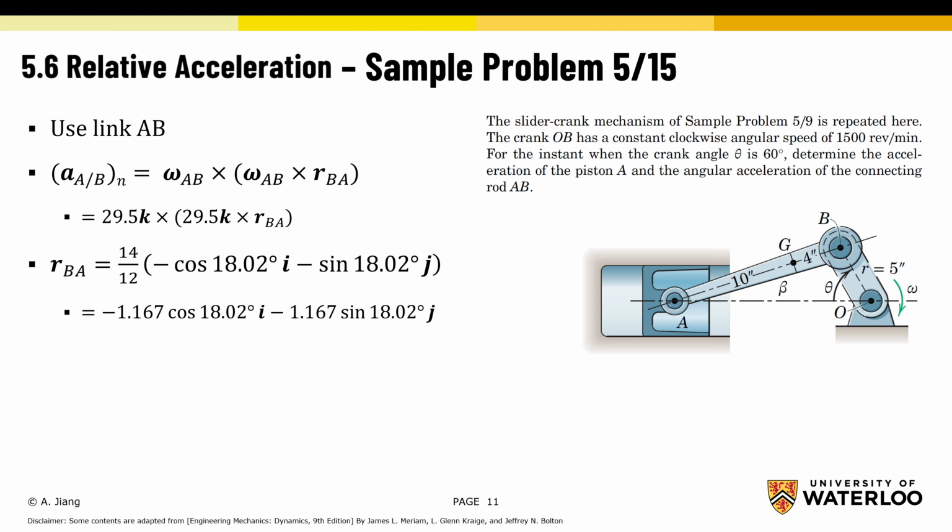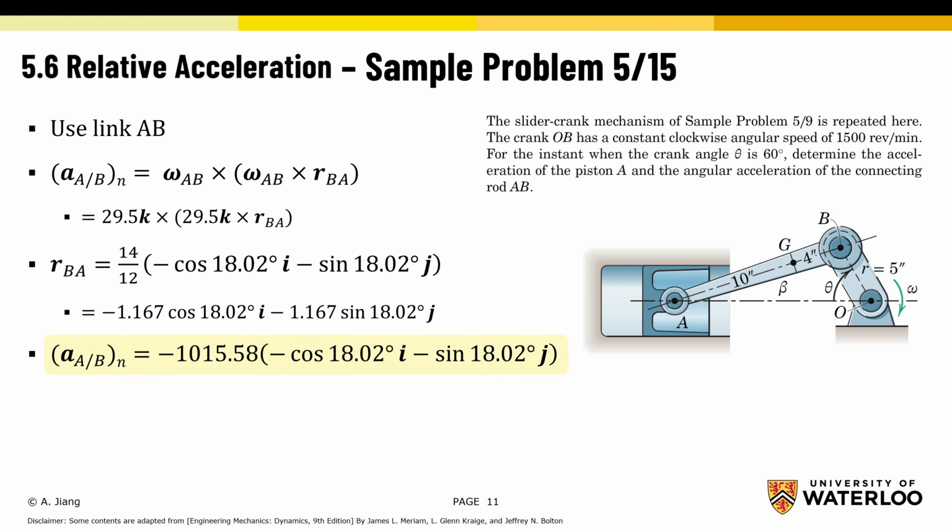Note that the angle 18.02 was obtained from a previous question, so we'll just treat this as a known value here. Then we've got our acceleration of A relative to B, the n component, negative 1015.58 bracket negative cos 18.02 I minus sine 18.02 J.